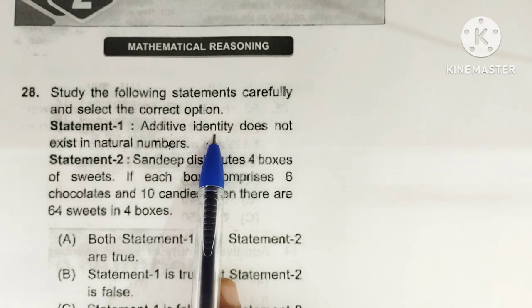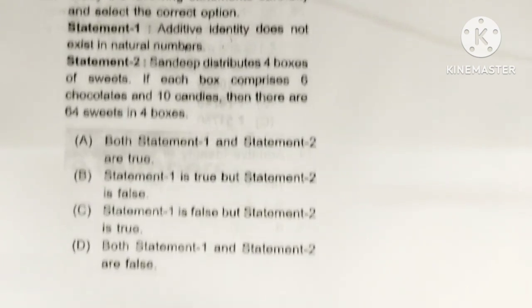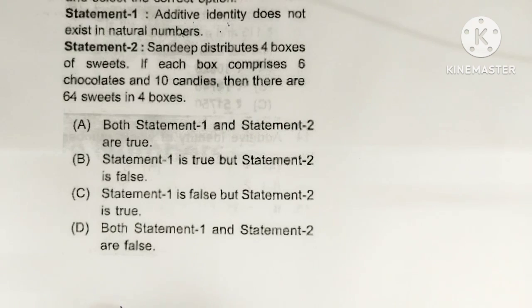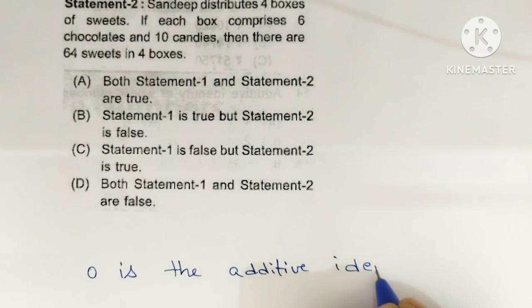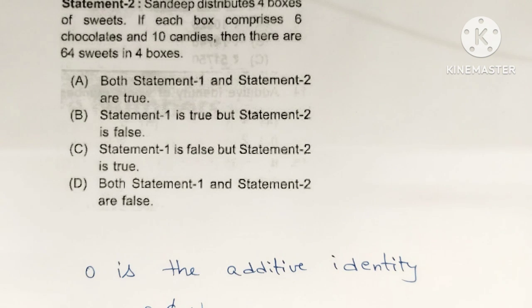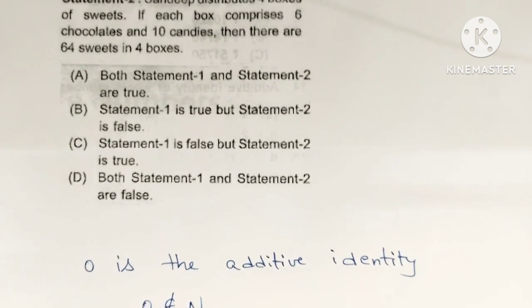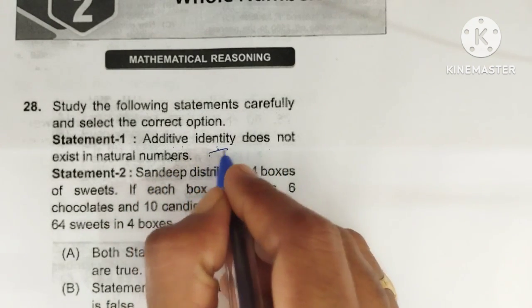Because the additive identity is 0, and 0 does not belong to natural numbers. So the first statement is true.